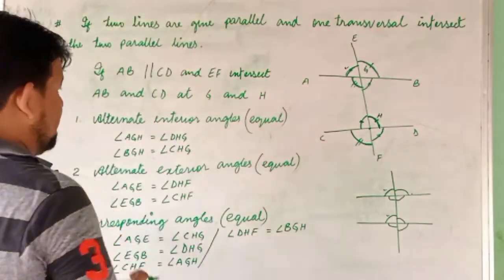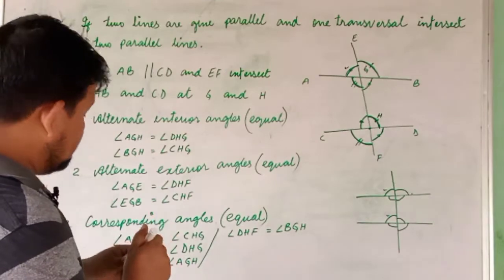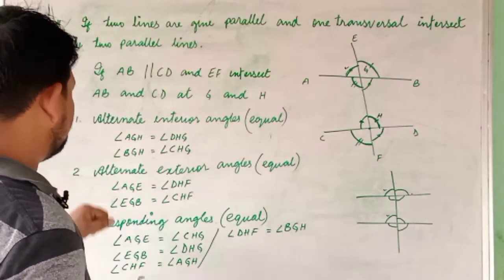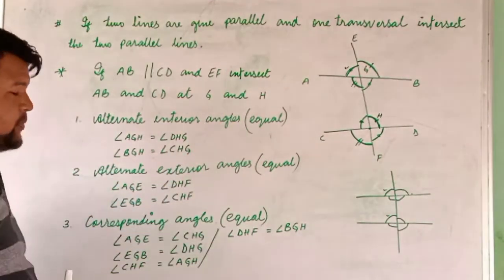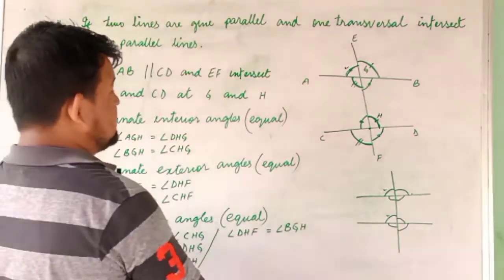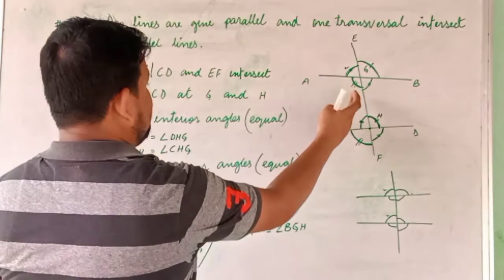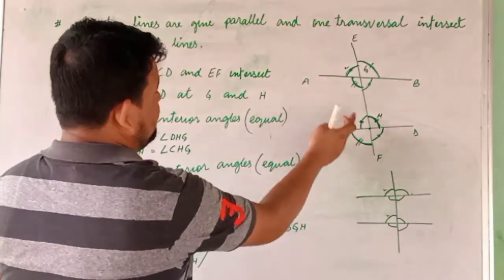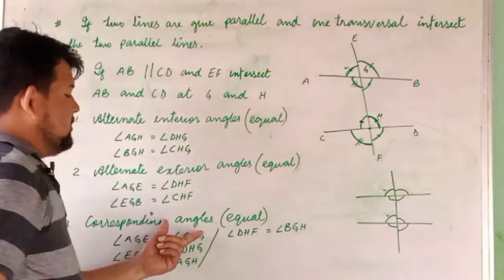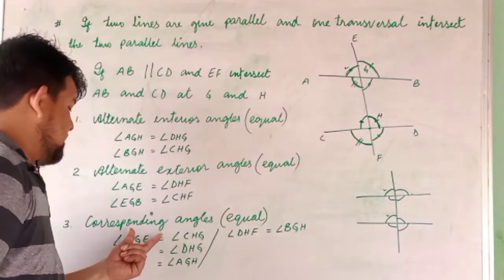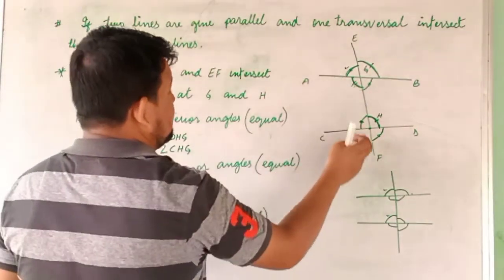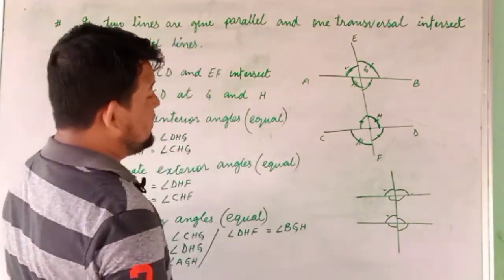This property will come in that diagram. In that question we can use these properties to find our angles. If this angle is not given but this angle is given, then we can directly say this angle is equal to this angle, because corresponding angles guarantee that these two angles are equal to each other.